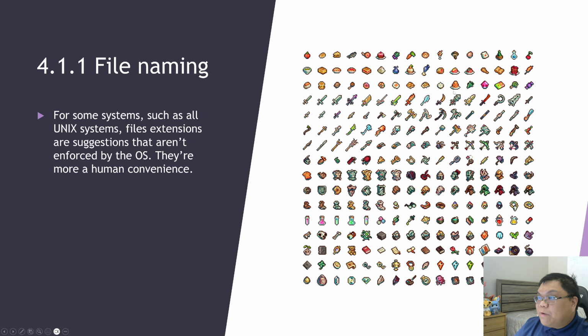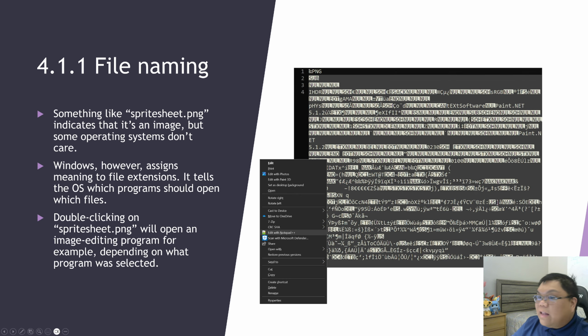So something like the sprite sheet here, let's say it's called spritesheet.png. It indicates that it's an image, but as I said, some operating systems don't care. As far as the operating system is concerned, all it knows is that this is a file that contains a sequence of bits that mean something, but that meaning is lost to the OS. The OS doesn't care.